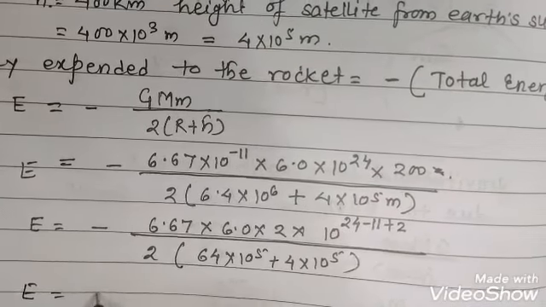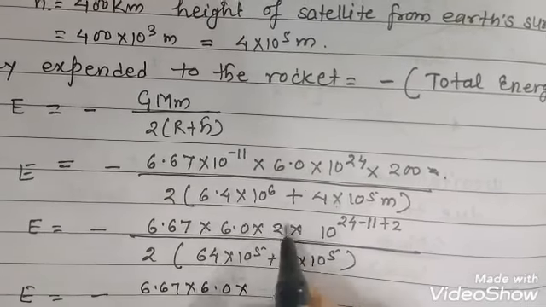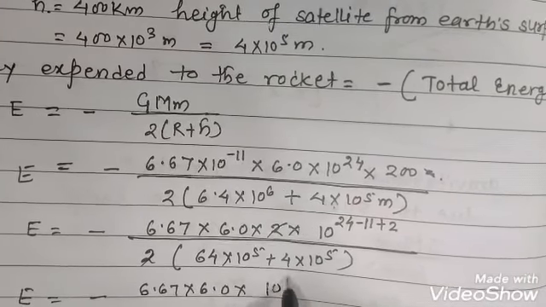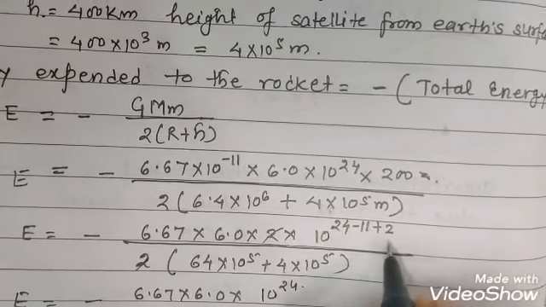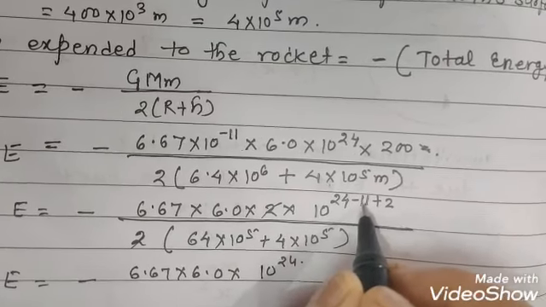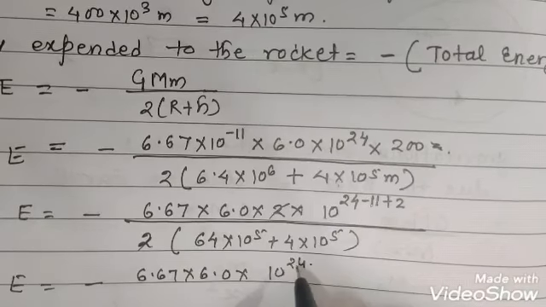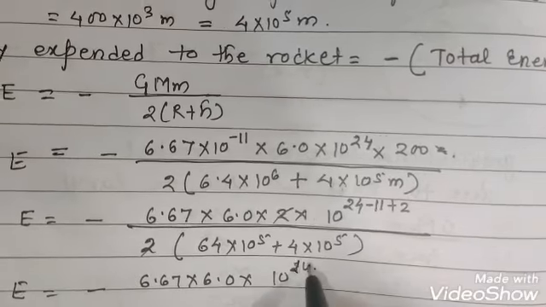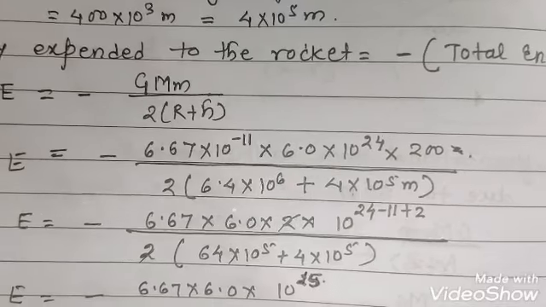E is equal to minus 6.67 into 6.0, and this 2 would be cancelled, that is 10 to the power 24 plus 2, which is 26, minus 11, so it is 15.